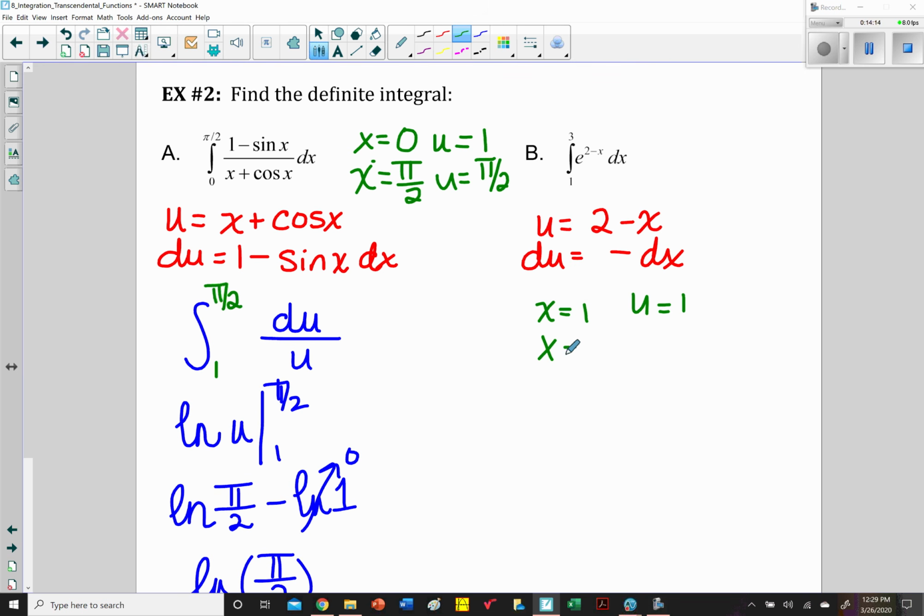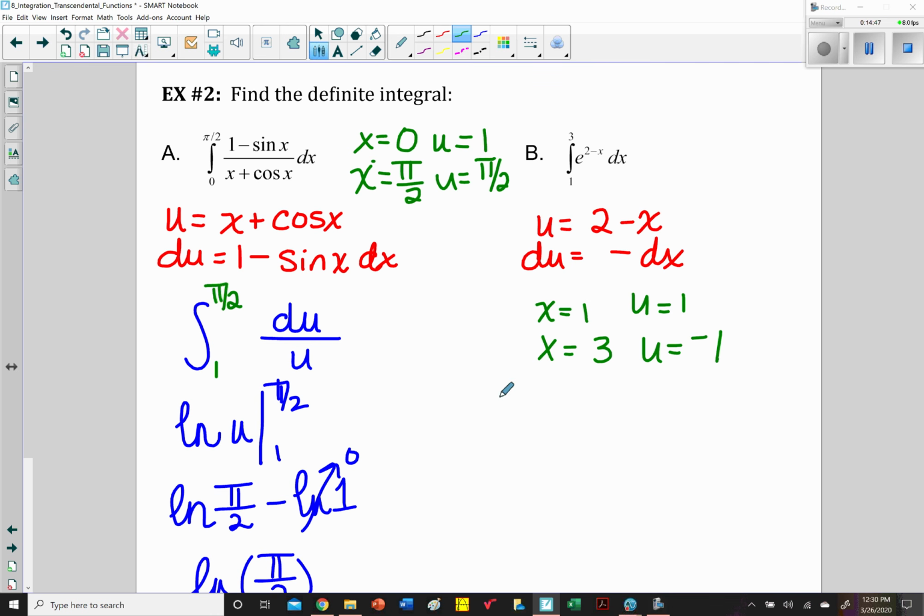When x is 3, u is e to the 2 minus 3, or e to the negative 1. Wait, I'm saying the wrong thing. When x is 1, 2 minus 1 is 1. When x is 3, 2 minus 3 is negative 1. I was looking back here thinking about that. Don't let me confuse you.